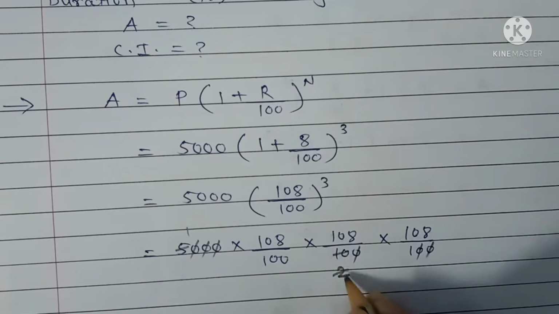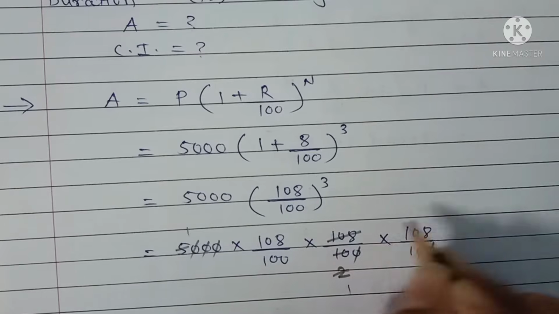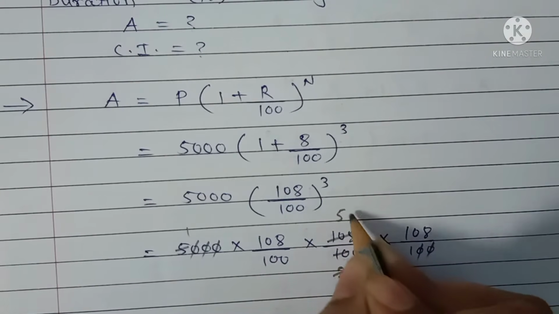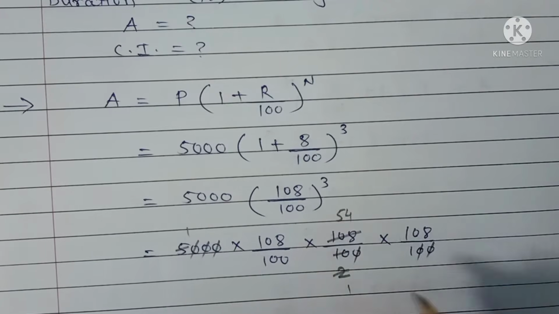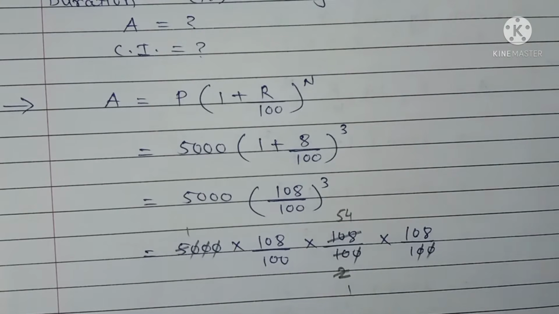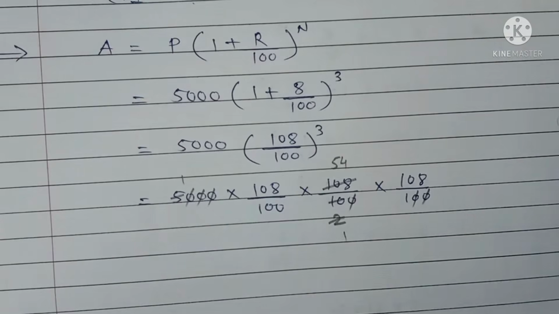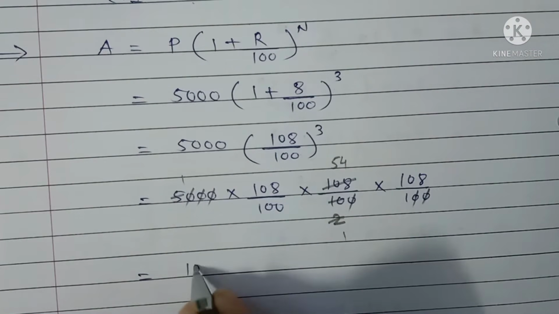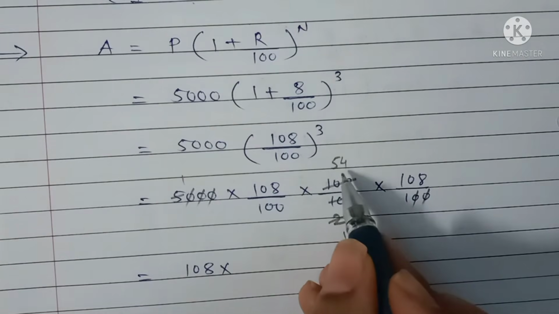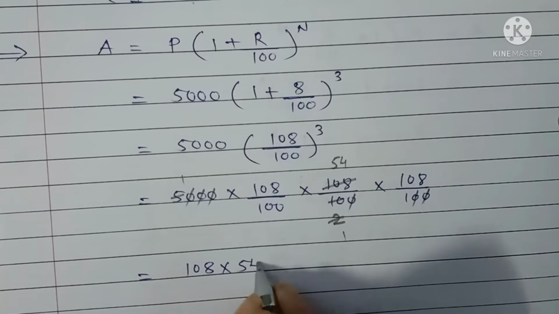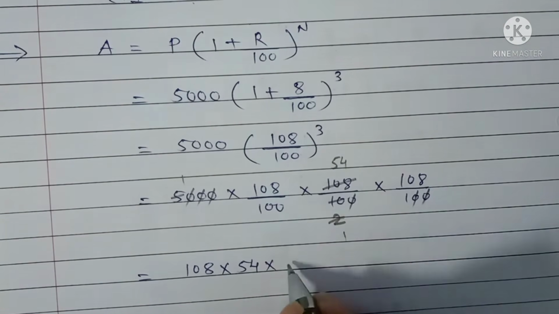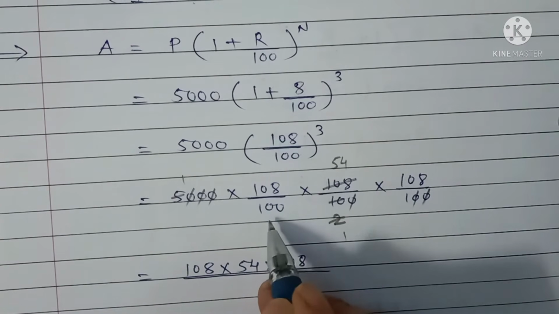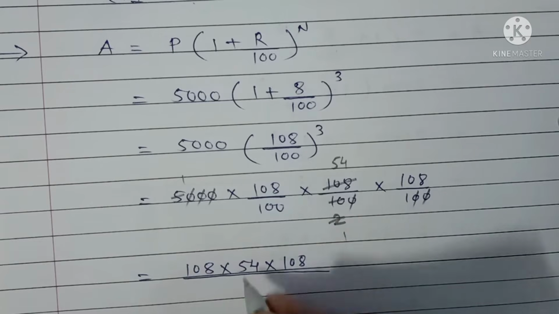Again 2 ones are 2, 2 fives are 10, 2 fours are 8, 54. Now what is remaining? 108 multiply by 54 multiply by 108, divided by only 100 is remaining here.